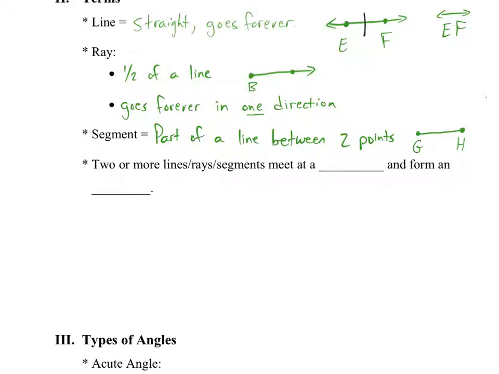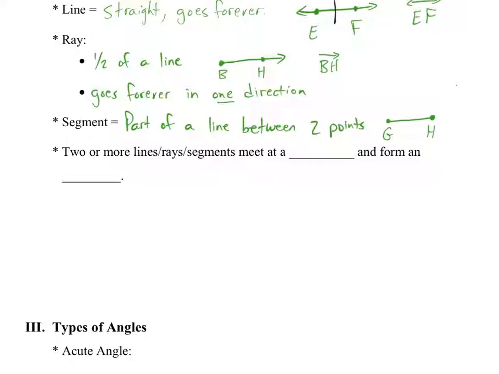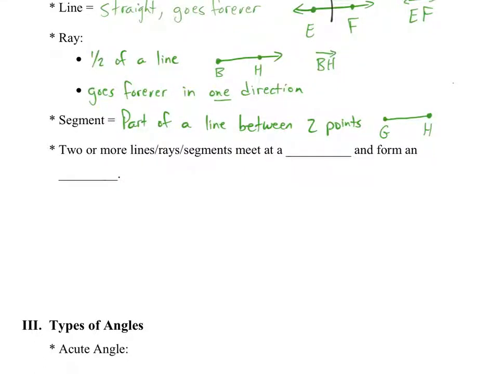So for the ray, we have to put one at the end. And now the symbol for that is going to be BH, and the arrow only goes to the right. It's kind of trying to show it starts at the B, hits the H, and keeps going. It's initials. And then for the segment GH, it would just be the letters GH with just a bar over the top. Something like that.